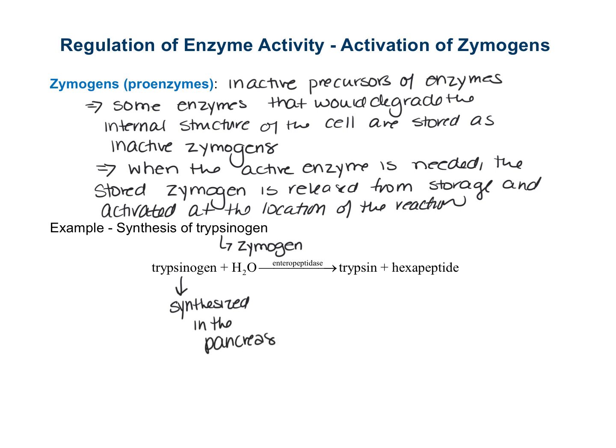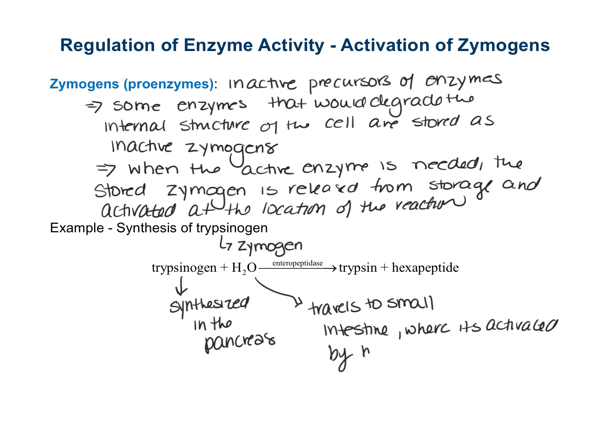It is synthesized as this unreactive zymogen. And then it travels to the small intestine where it's activated by hydrolysis. This is to keep it from just chewing up all of the proteins and things along the way, right?